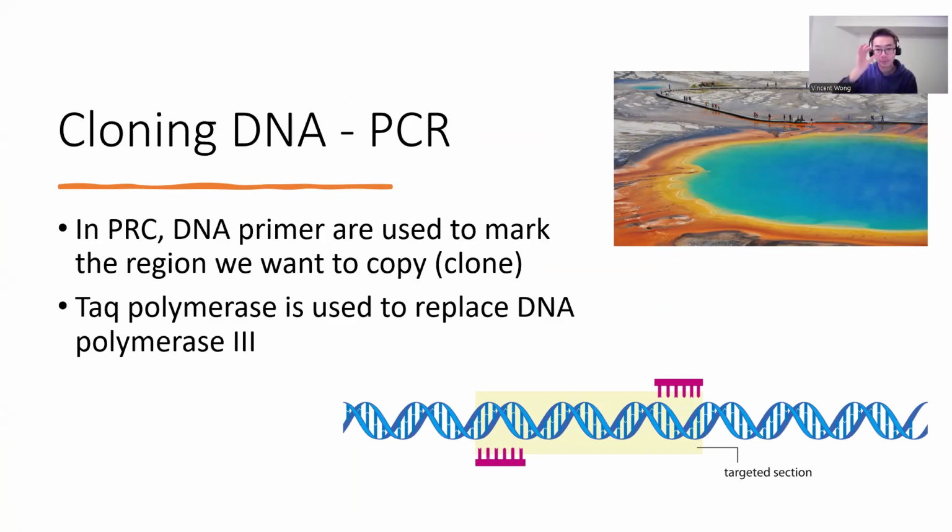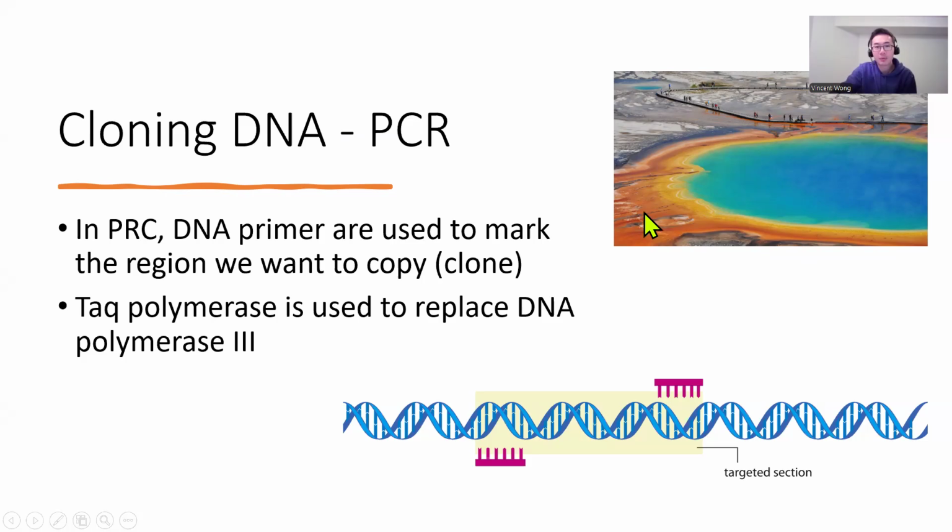Well, it turns out scientists have discovered bacteria living in hot springs. Right? This is a picture from like Yellowstone, and they have a lot of these hot spring geysers. Okay, and the temperature goes as much as 110 degrees, 120 degrees, really really hot. But certain types of bacteria can live in there. Right?